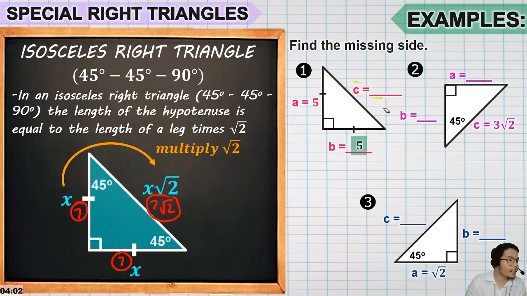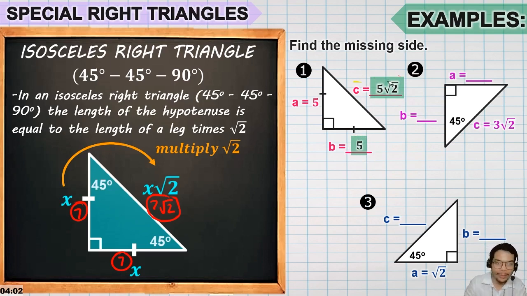Times mo lang daw ng square root of 2 kung ano man yung value ng leg. So, ang magiging sukat ng ating hypotenuse will be 5 square root of 2. Ayan, 5, then multiply ka lang ng square root of 2. Kaya siya naging 5 square root of 2. Gets po? Madali lang.